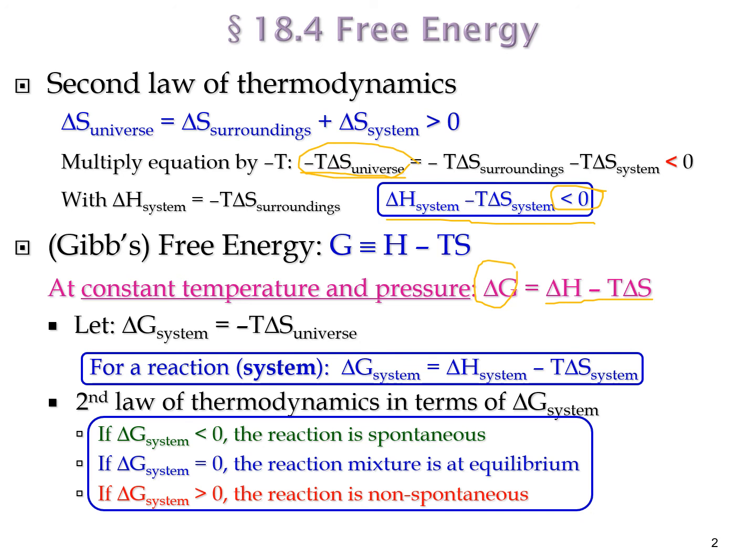To a certain extent, we actually do not care what the value of delta G of system is. All we care is what sign the delta G has. Is that negative, positive, or 0? If it is negative, the reaction is spontaneous. Positive, the reverse reaction is spontaneous.